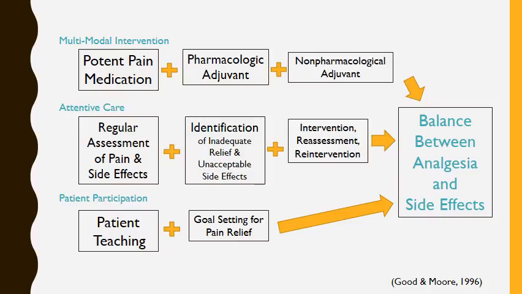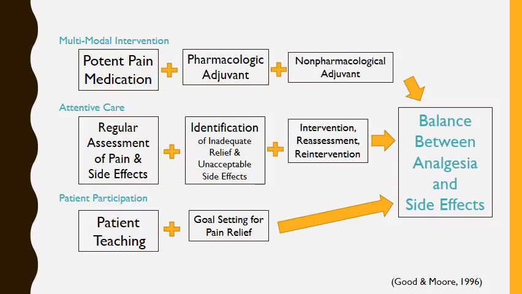The nurse would then identify what pain intensity and side effects are unacceptable to the patient and the nurse. The nurse would then take all of these assessment findings and immediately intervene to decrease the patient's pain. The nurse would then use their multi-modal interventions, such as opioids, pharmacological or non-pharmacological adjuncts, to treat the pain or side effect.